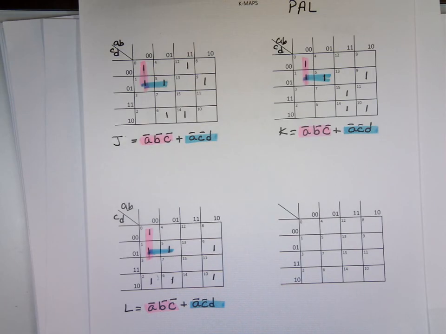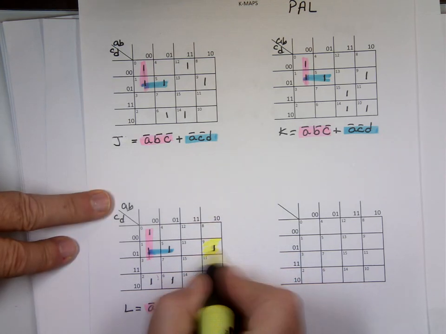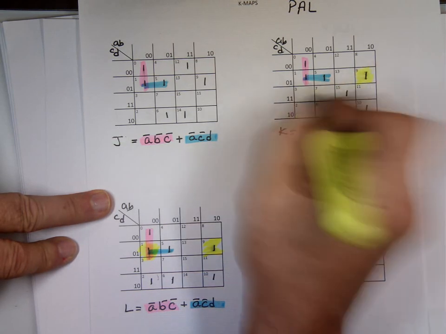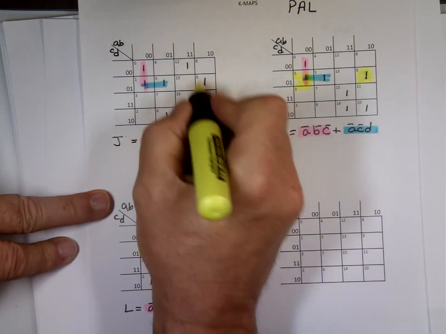There's a third one that I see showing up in every one of them. I used the blue, how about the yellow? Look at this cell with this. Can you see it? This one with this, not by itself.